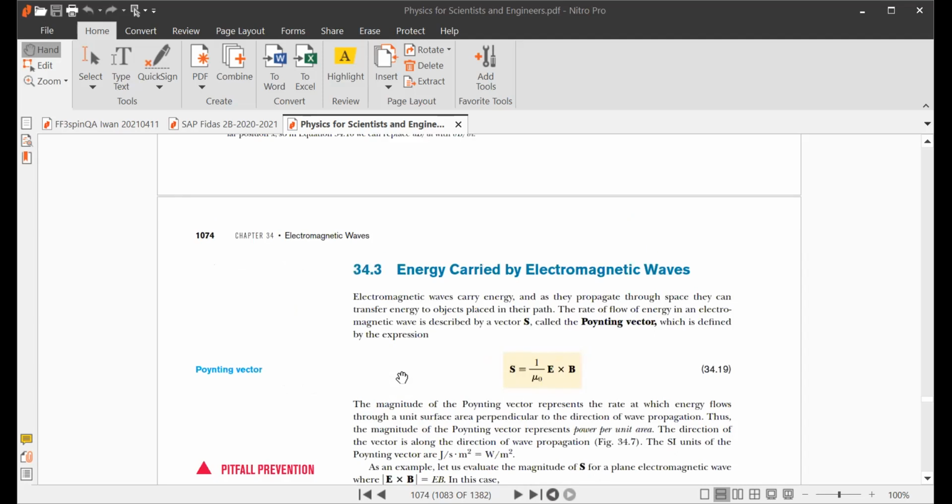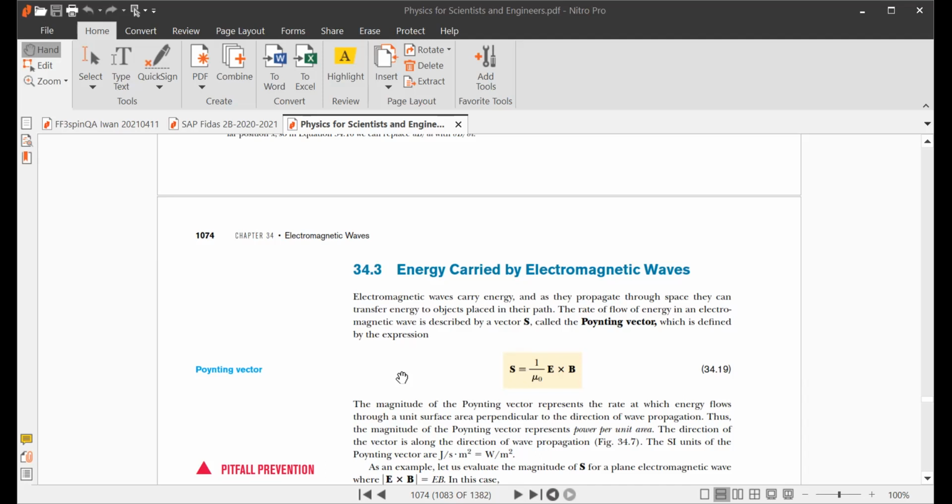So okay, the energy carried by electromagnetic waves. As we know, the wave phenomenon also propagates energy.